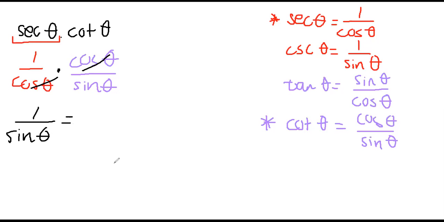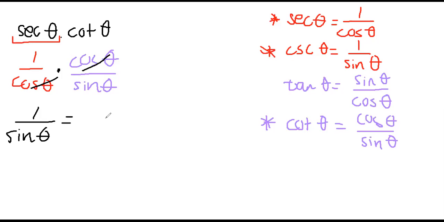You might think that, oh, we're already done, but we're not. We can still simplify this. You might want to try to go for the most simplified expression possible. So what is 1 over sine of theta? Right here we have 1 over sine of theta is equal to cosecant of theta.